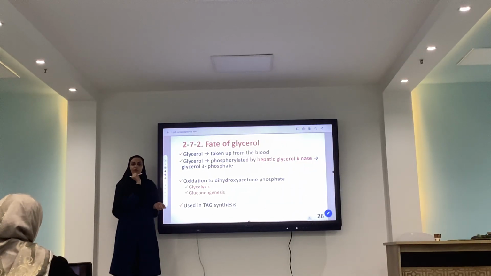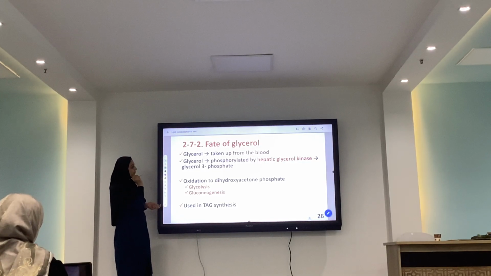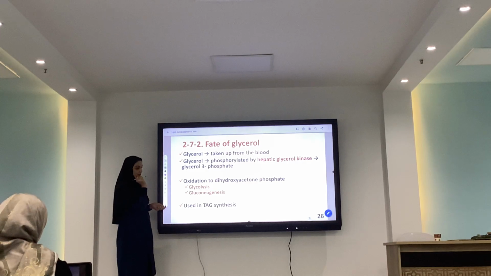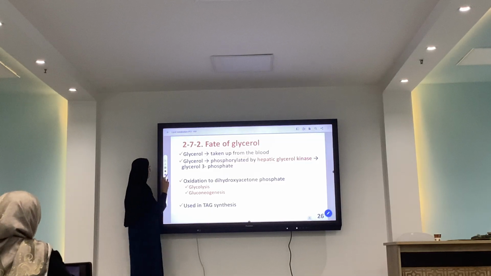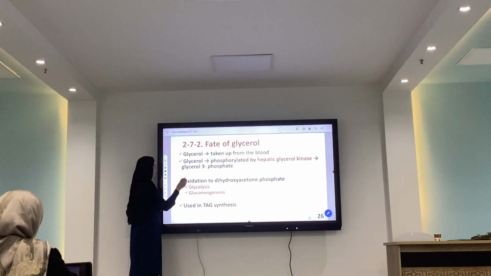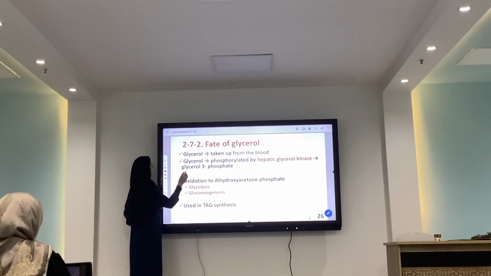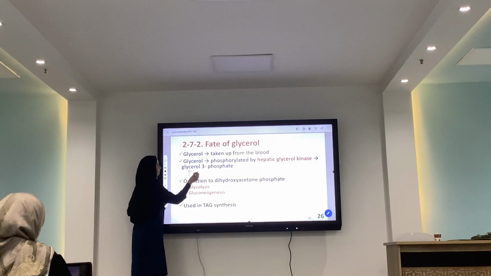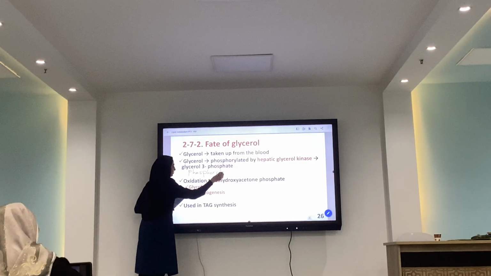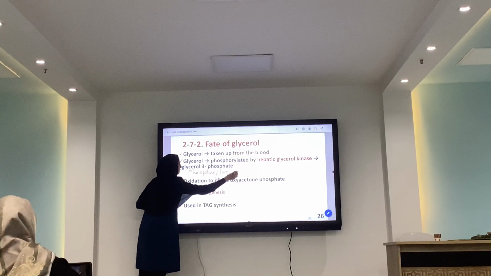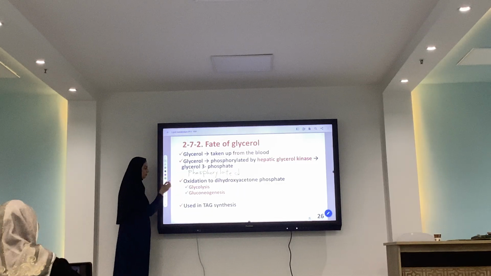Could one of you explain in English? Glycerol goes to the liver, and in the liver we have an enzyme, something like phosphorylase. This will add a phosphate to the glycerol, and then this compound will convert to pyruvate.